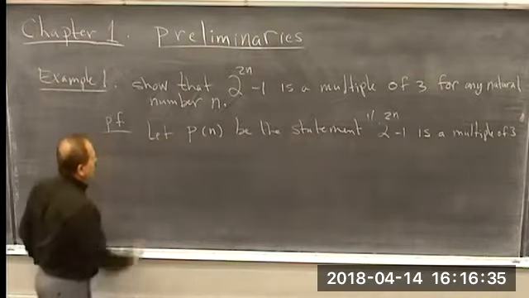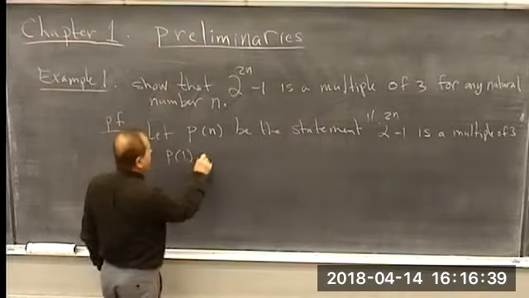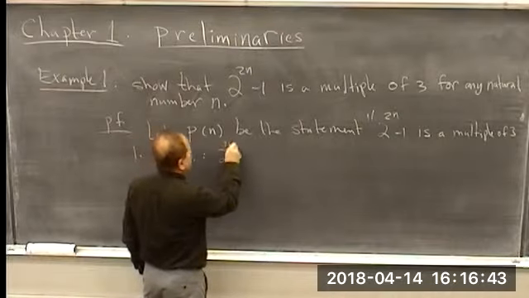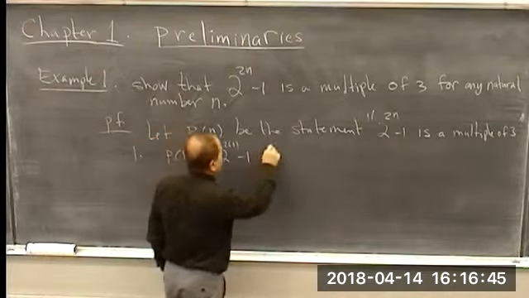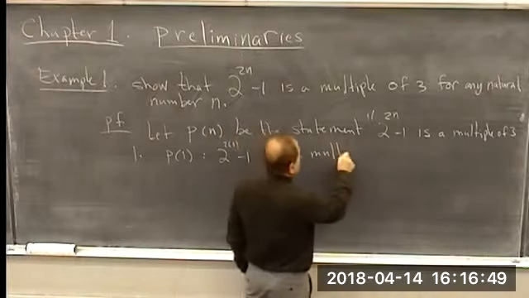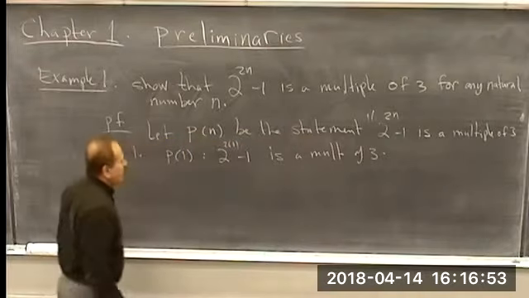Now let's look at P(1). So this is the basis step. It's going to be that 2 to the 2 times 1 minus 1 is a multiple of 3. So let's see if this is true.